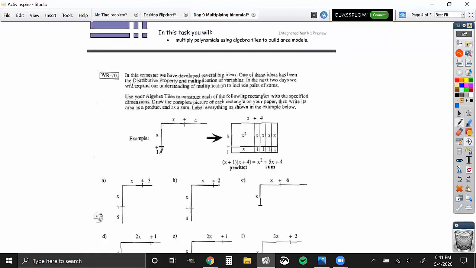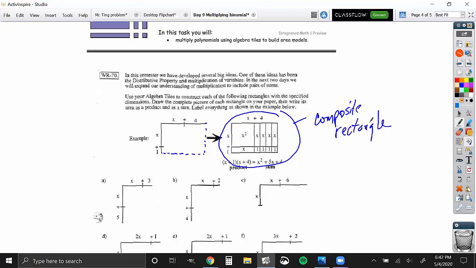So they're going to give you a length and a width. You're trying to basically fill in an area with this type of picture. It's called a composite rectangle. It's called a composite rectangle because it's drawn very accurately with all of its individual parts labeled.